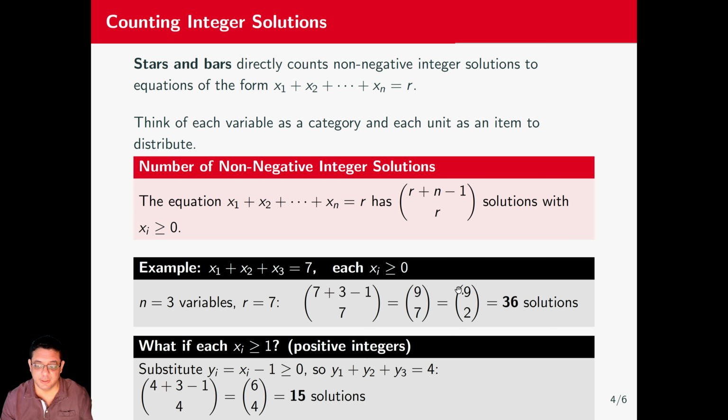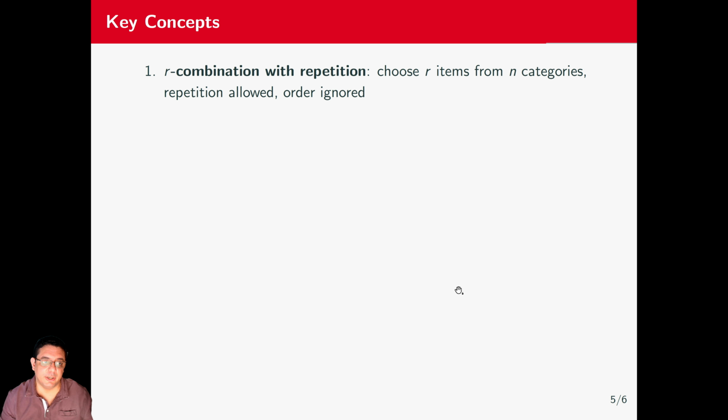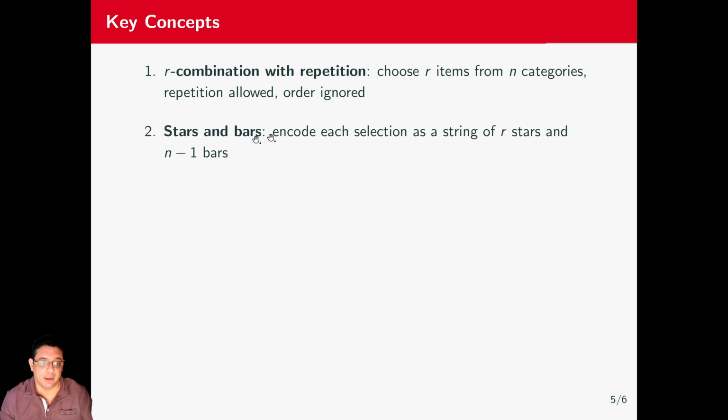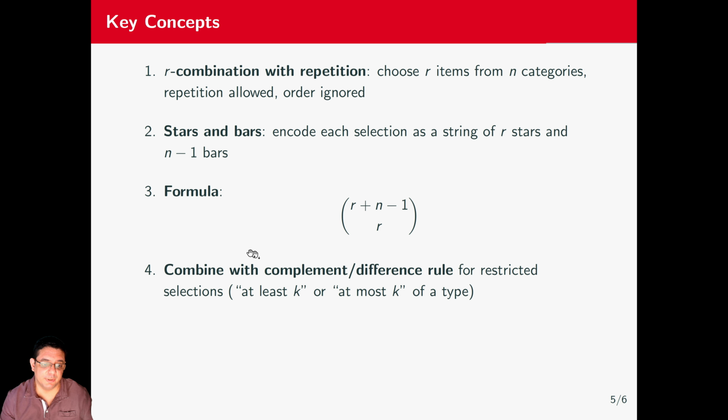Okay? All right, so in summary, for R combination with repetition, you're choosing R items from n categories, but repetition is allowed and the ordering is ignored. We have the stars and bars method to encode each selection as a string of R stars and n minus 1 bars. And the formula is R plus n minus 1 choose R, which is equivalent to R plus n minus 1 choose n minus 1.